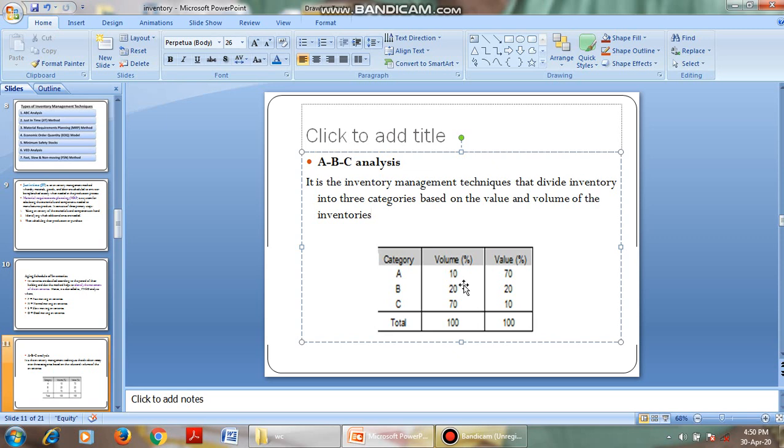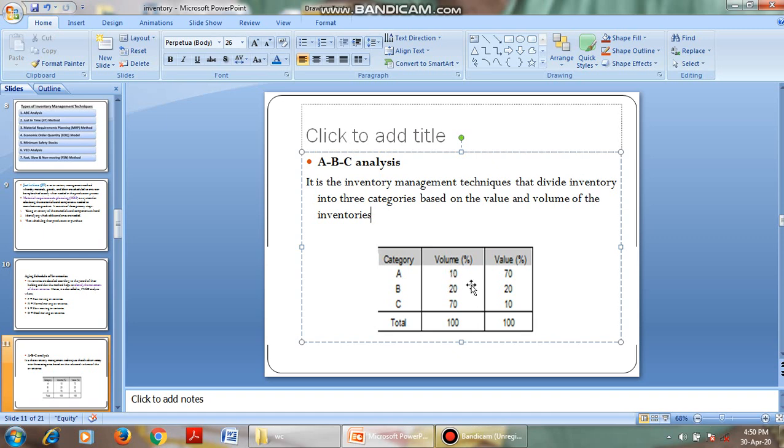That is, it divides inventory into three categories A, B, C. Category A, its volume is 10%, but its value is 70%. For example, in our house we have different materials. Some materials have high value, but their volume is less. For example, diamond. Diamond is very small in size, but its value is high.